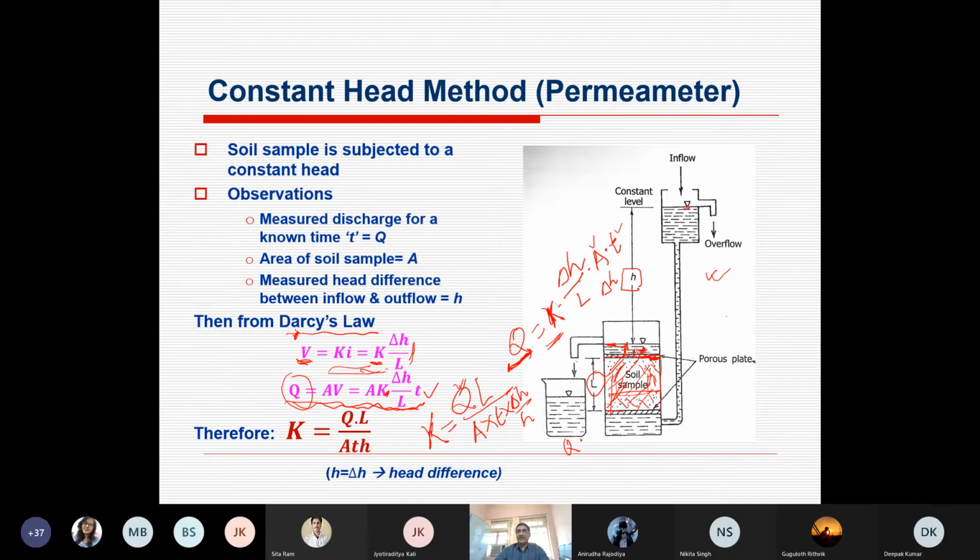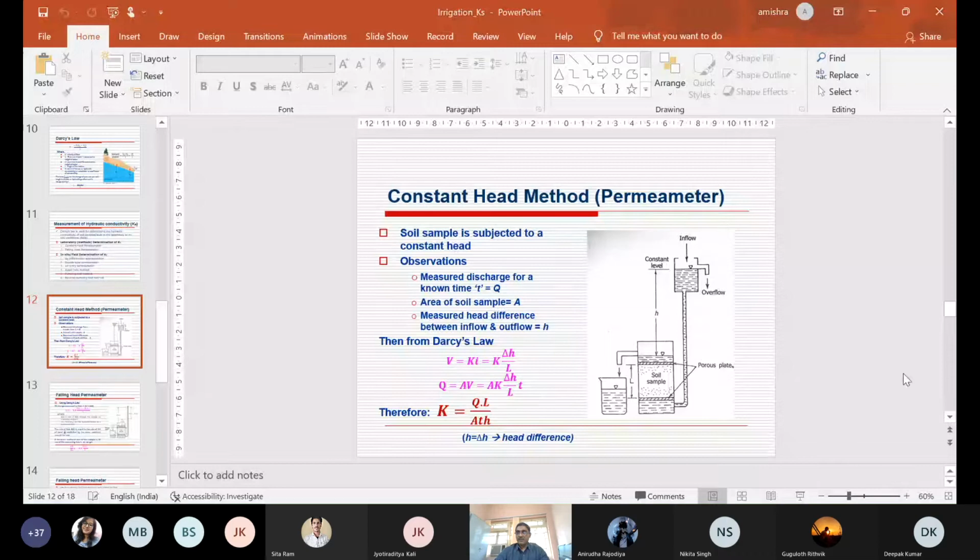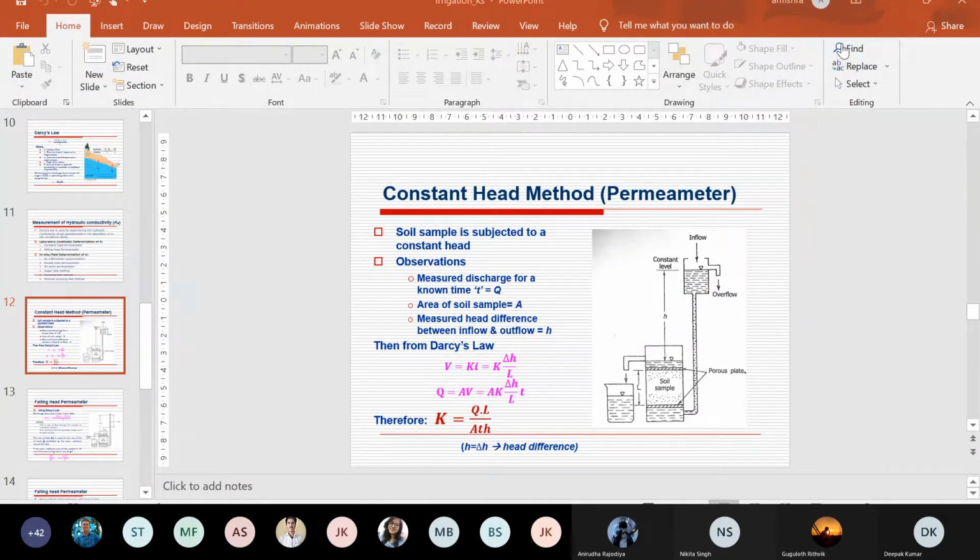To get an idea how this is measured in the laboratory, I have shared one video in your files section. You can see class material, experiment 2, constant head, measurement of saturated hydraulic conductivity of soil.